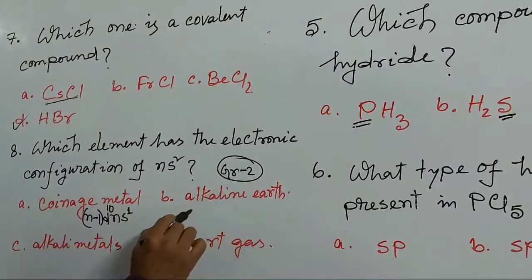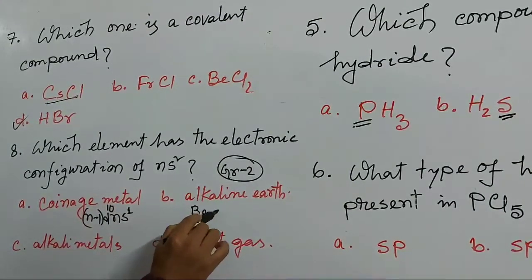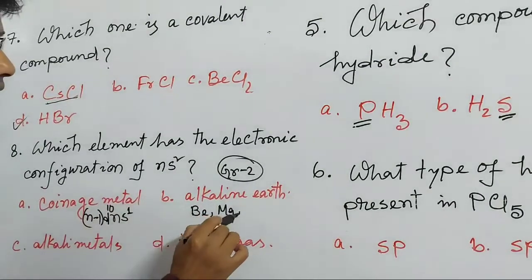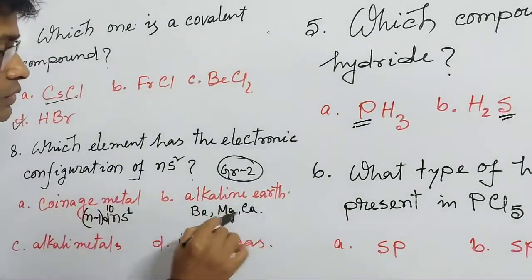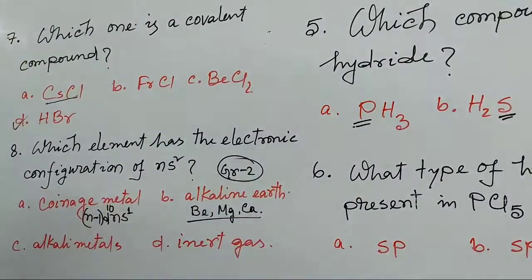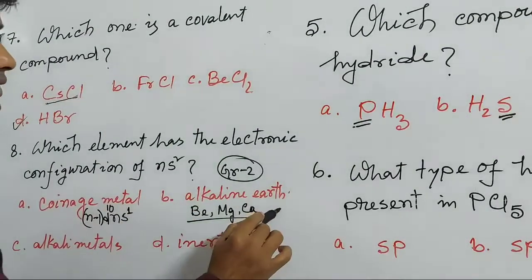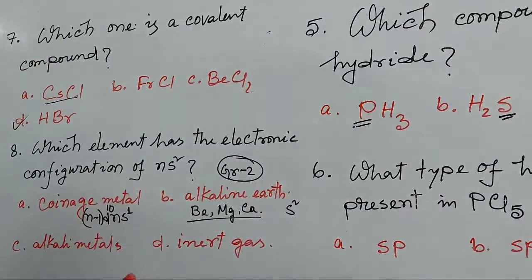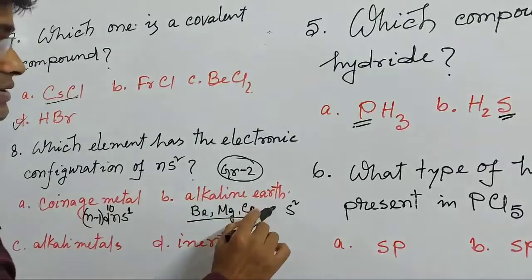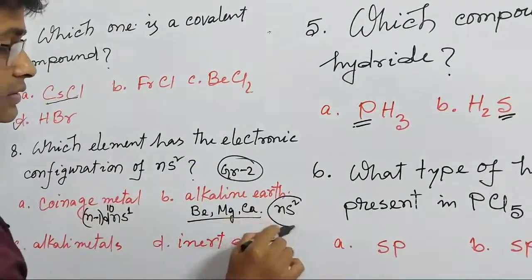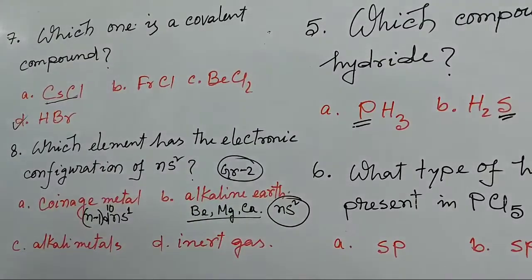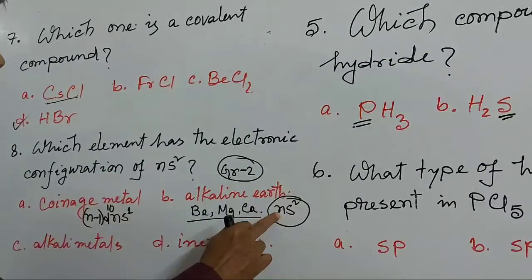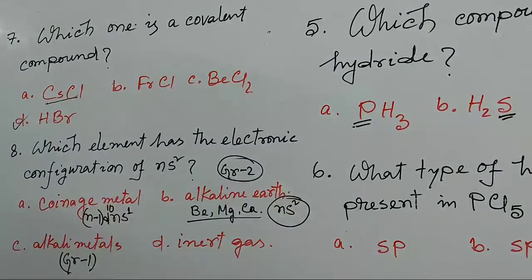I mean, beryllium, magnesium, calcium, strontium, all those are the elements of alkaline earth metals, and those elements contain 2 electrons at their last shell, and as they are s block elements, I can say the common electronic configuration of alkaline earth metals is ns2.